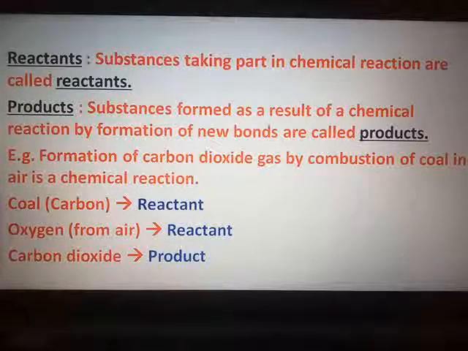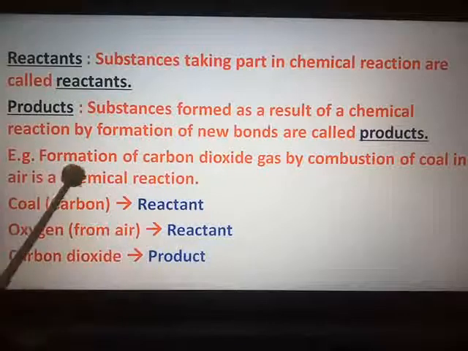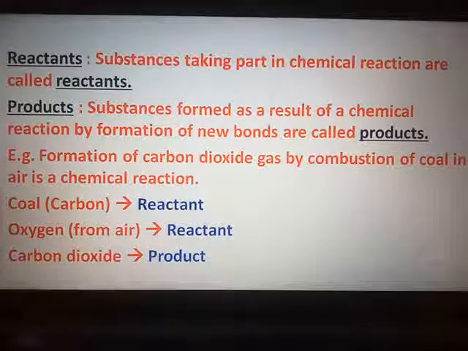Now we have seen the name of the chapter, chemical reactions and equations. What do you mean by an equation? Here you can see the statement in word form: coal plus oxygen gives carbon dioxide. The chemical reaction can be written in a condensed form using chemical formulae. In chemistry, each and every element is given a particular symbol, and a combination of different symbols forms different compounds.